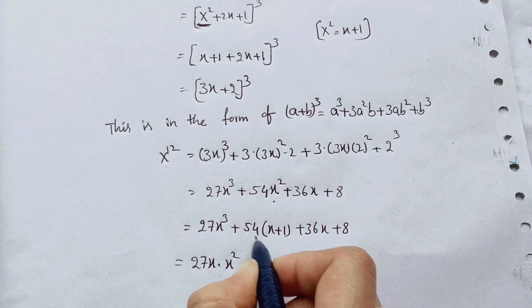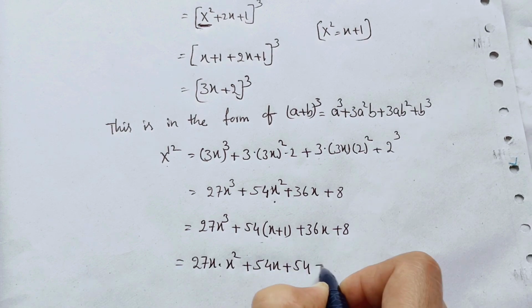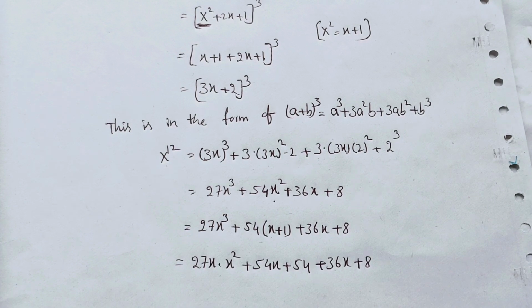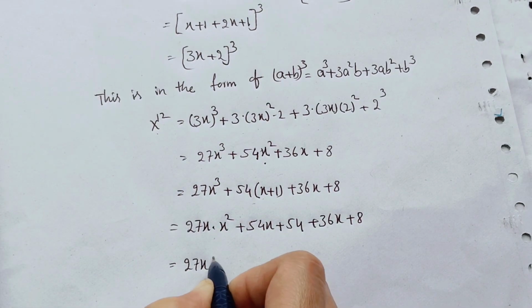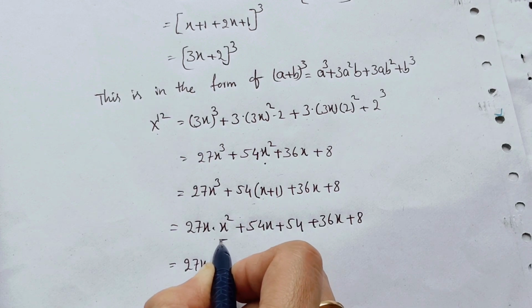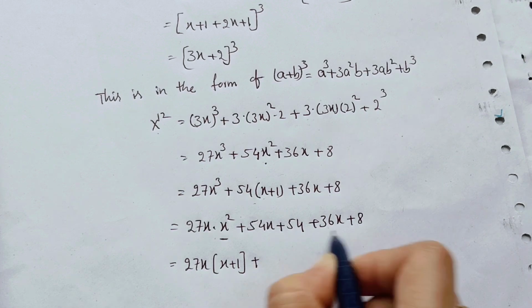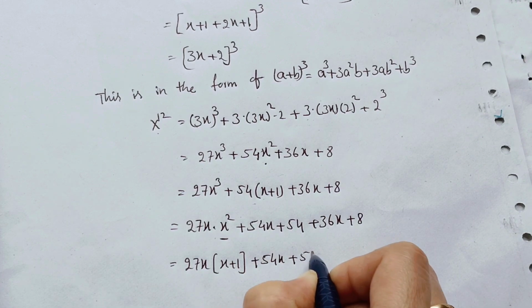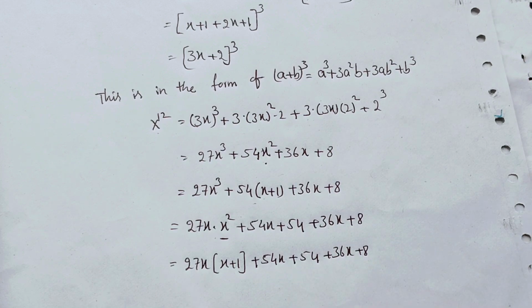Again in the place of x square I am writing x plus 1, so 54x plus 54 plus 36x plus 8.